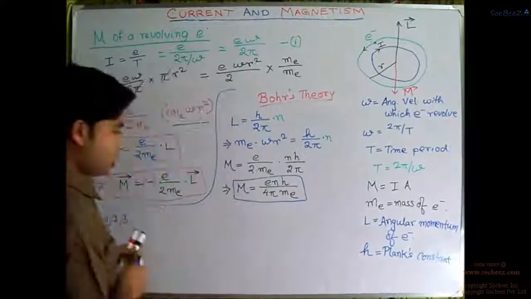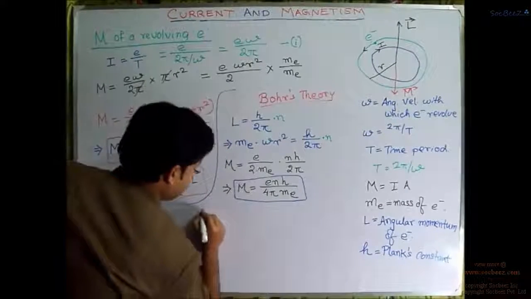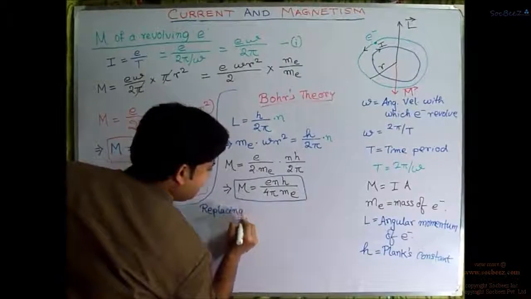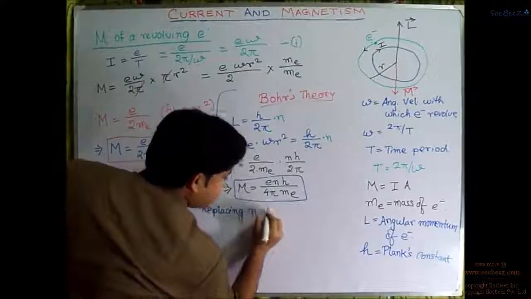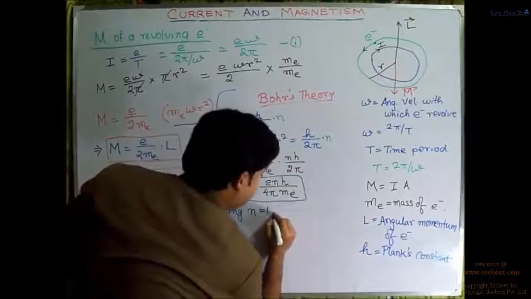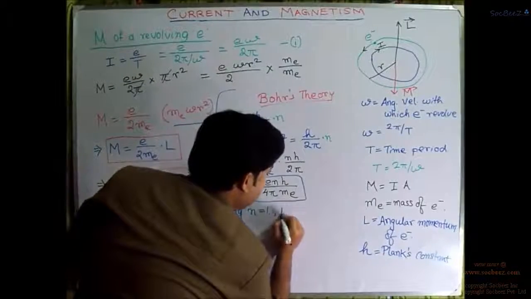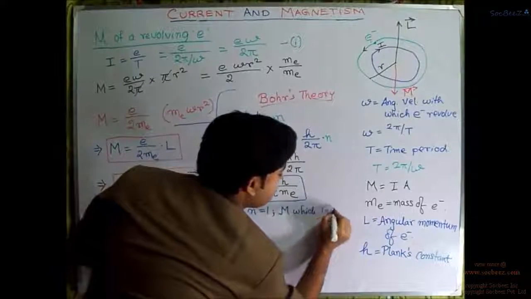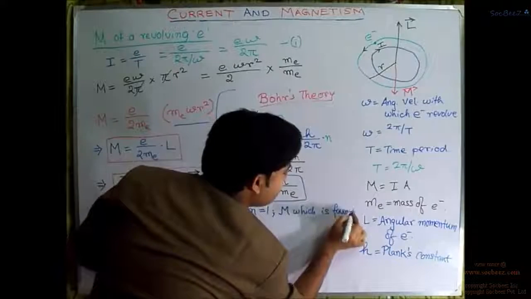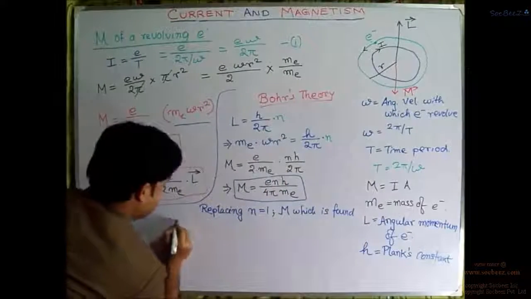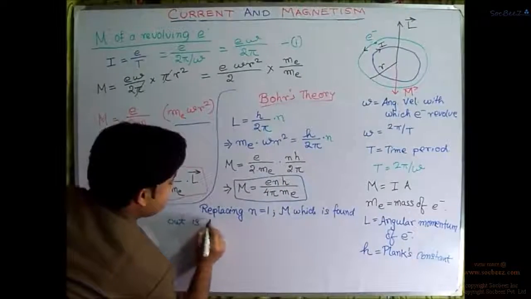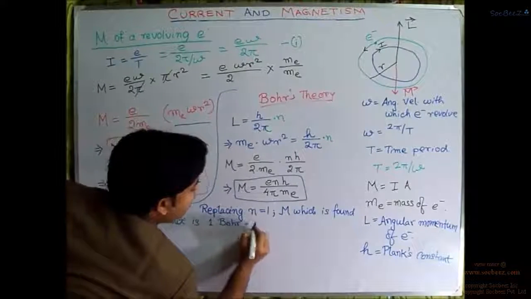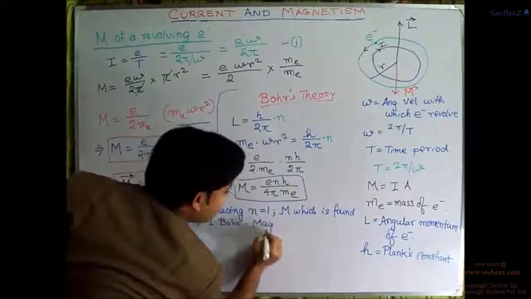Right? So, replacing n equals 1, the m which is found is 1 Bohr magneton.